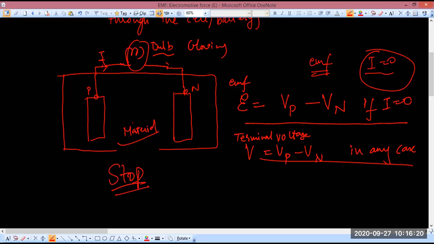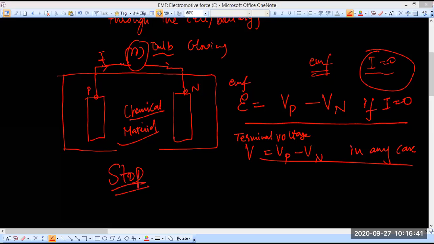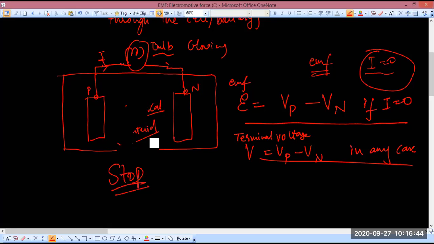It is impossible. If there is no chemical, it will not work. So what you are suggesting will only lead to stopping that circuit, and then it cannot be called EMF, because now the battery doesn't exist. If you remove the material, there is no battery.